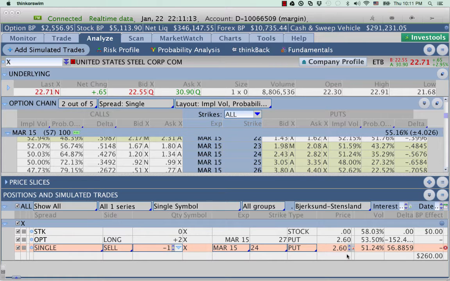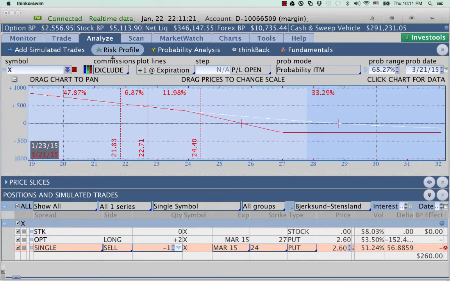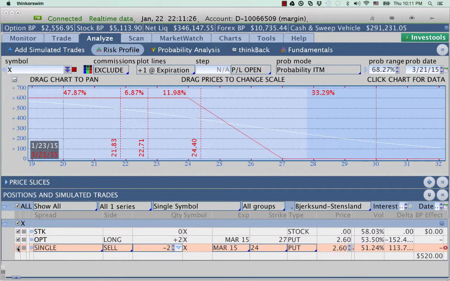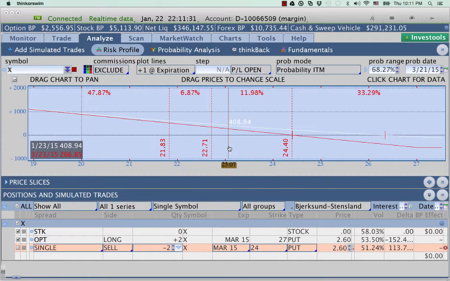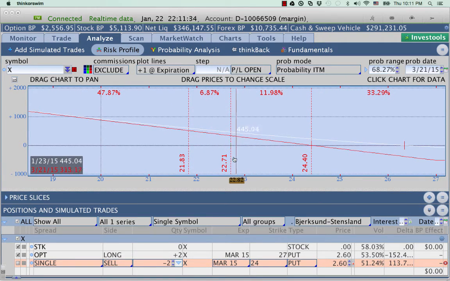Now, there's some real benefits to this, and there are some drawbacks, meaning what do we give up in doing so? If we go look at the risk profile, I want to show you what happens to this trade. We get 2 of those contracts in there. Let's go back to the original trade. Let me spread this out so we get a good look at this. I have the current stock price and the break-even point at expiration, and if I do this particular trade, it's going to cap the gains at basically 24 to 27.